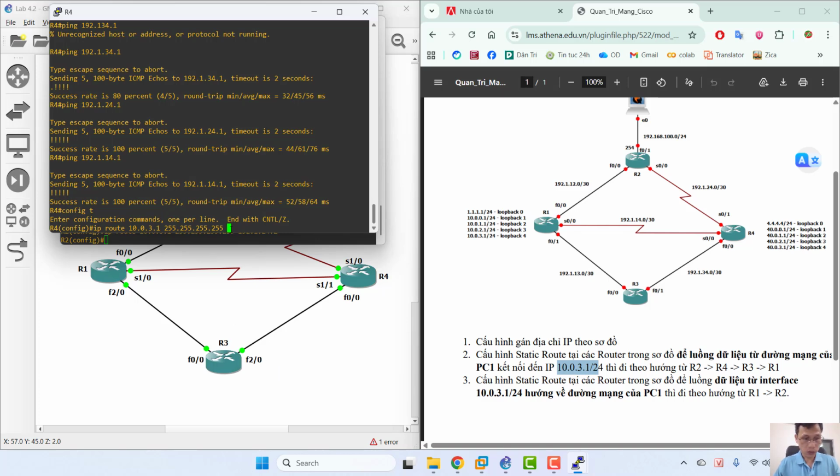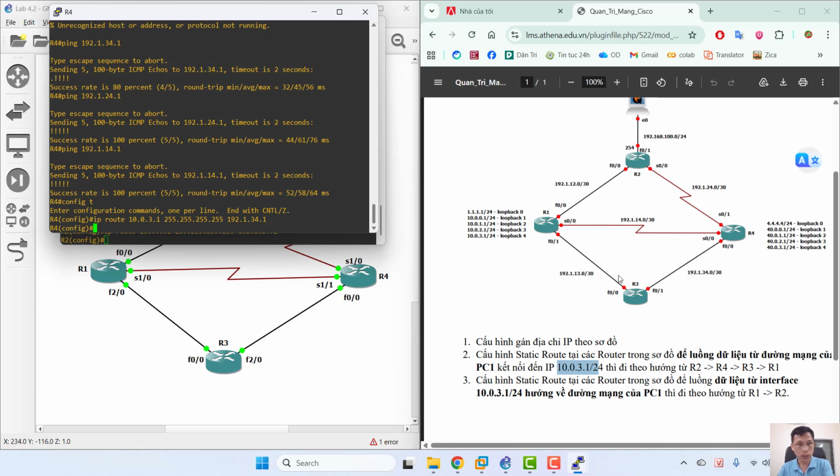This is 1.2.1.34.2, this IP address of router number 3. This must be number 1, 34.1. Enter.